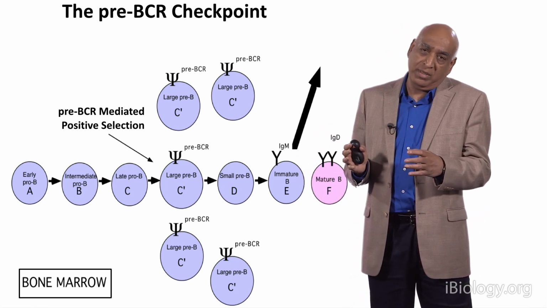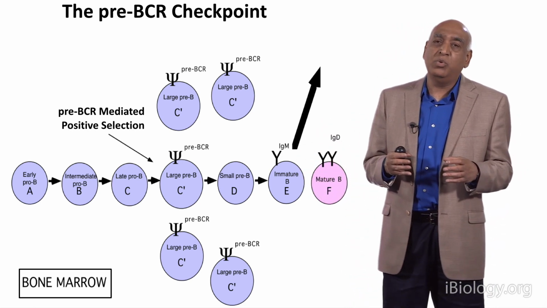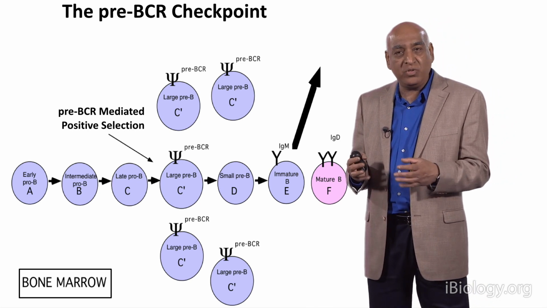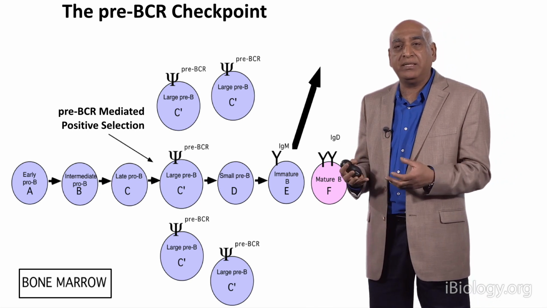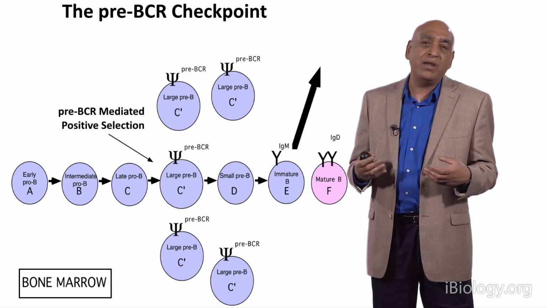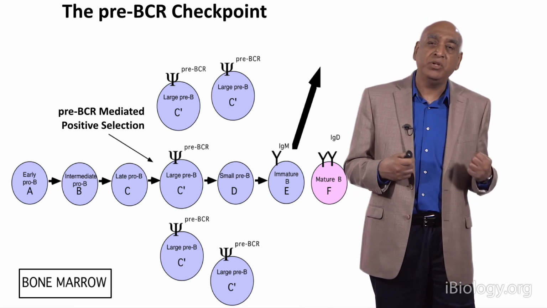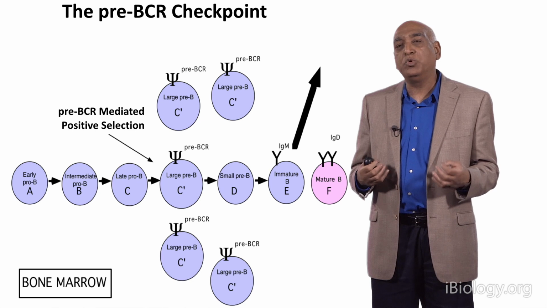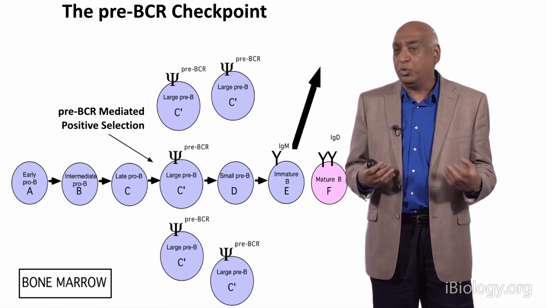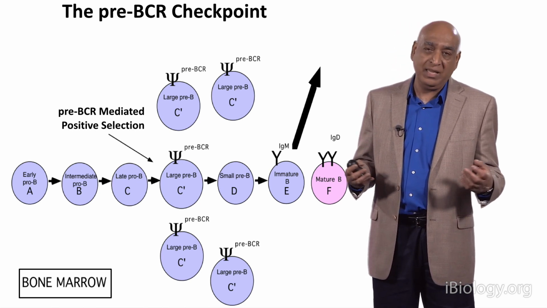This checkpoint is intimately connected to signaling through BTK. So the pre-B receptor activates BTK, and BTK is the tyrosine kinase encoded by a gene on the X chromosome, which is mutated in boys with Bruton's disease, or X-linked agammaglobulinemia.